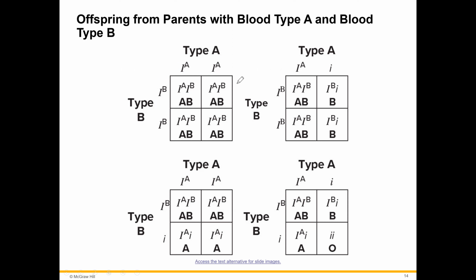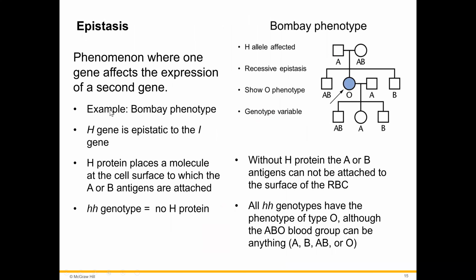Or over here, for example, if mom is type A and dad is type B, but they are AO and BO, the child can be O, AB, B, or A. So that's a lot of variation, because those are multiple alleles, and alleles A and B are codominant.